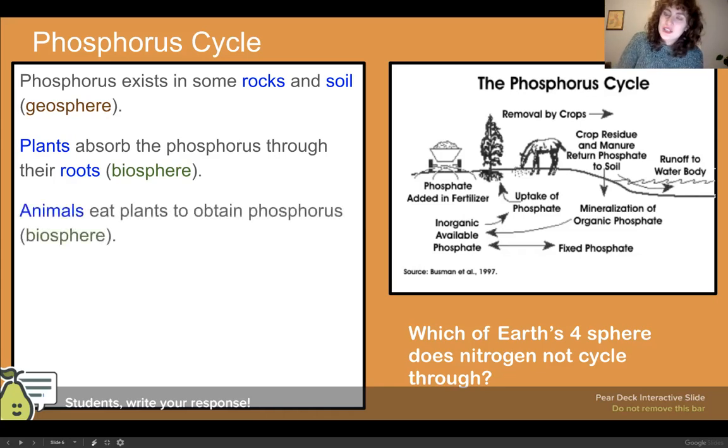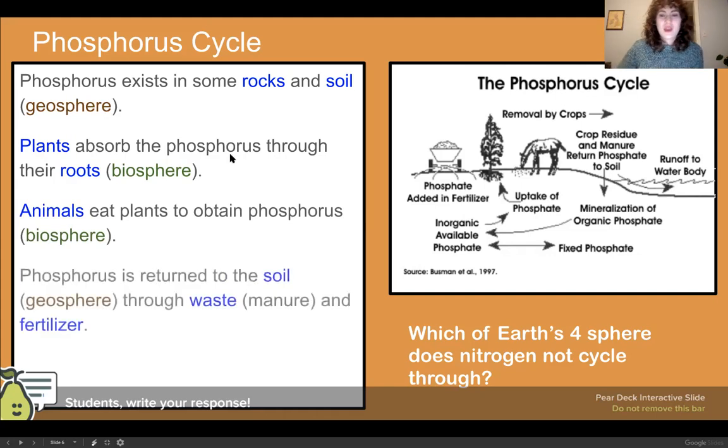And then, of course, just like nitrogen, animals come along and eat the plants, and other animals that don't eat plants eat the animals to obtain their phosphorus. Eventually, it moves through the digestive tract of animals and it is returned to the soil or the geosphere through waste, otherwise known as manure, and fertilizer contains phosphorus in it because it is so important for plants.